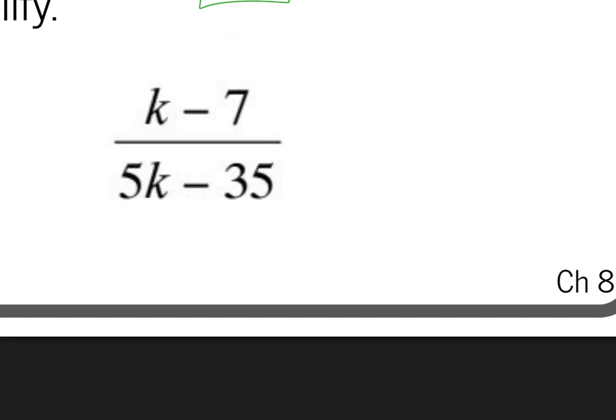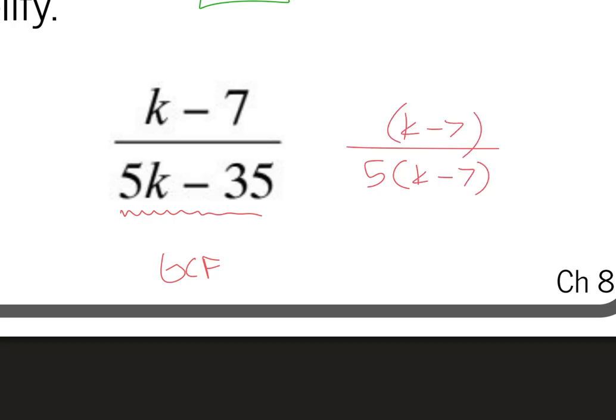Simplifying this is way easier than you might think because of mom. Mom's down here. She's the greatest common factor. We can factor a 5 out of the bottom. And then the top factors cancel, and you just get 1/5.